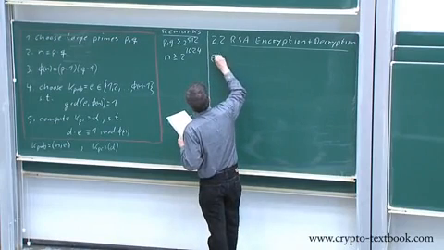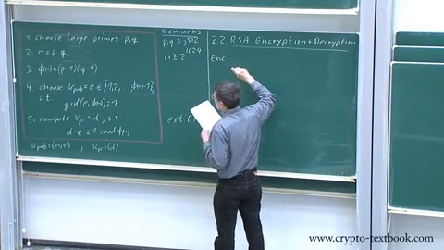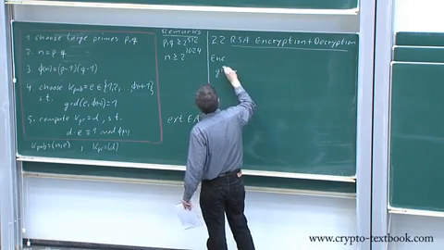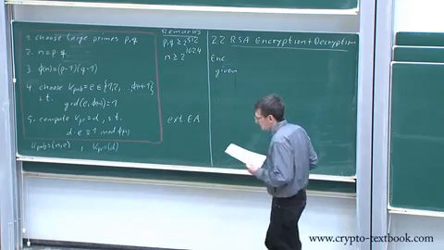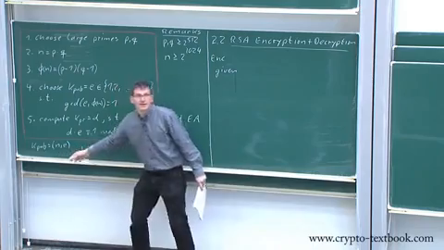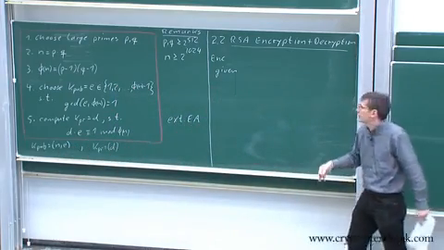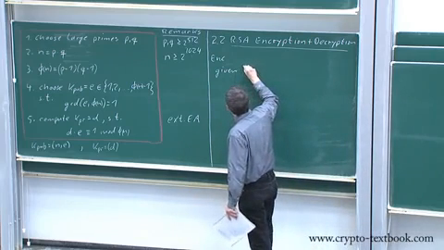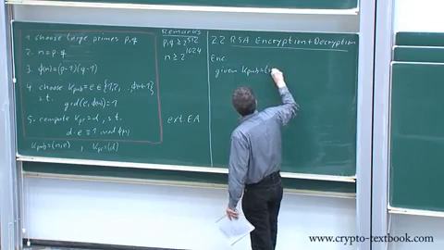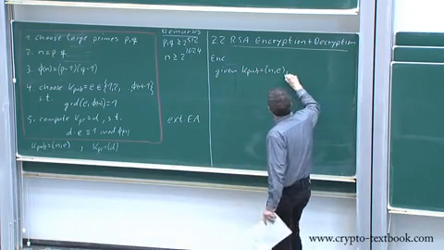So encryption works as follows. What is given? The public key consisting of n, which is called the modulus, and in 60 seconds you will know why n is called the modulus, so K public consisting of n and e, and a message.